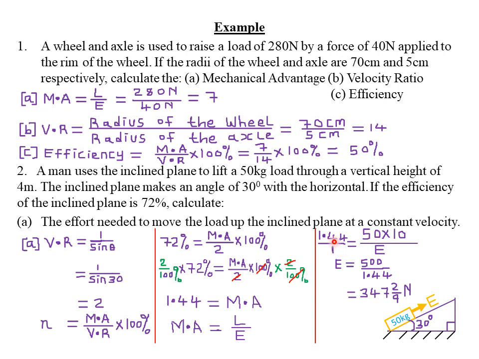Then I divide both sides by 1.44, so I obtain E, the effort, being equal to 500 divided by 1.44. If you compute this quotient, you will obtain 347 and 2 over 9 newtons as the effort that was applied to move that particular load through this inclined plane. So this was our inclined plane.